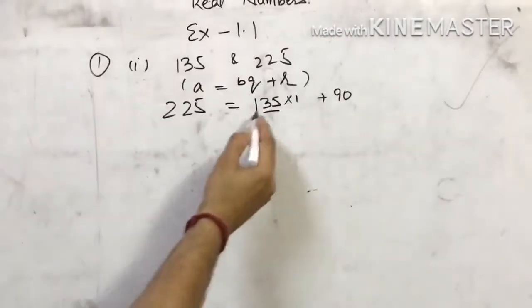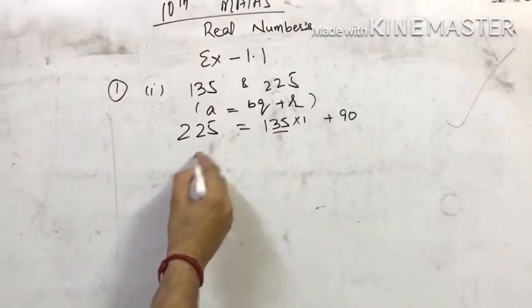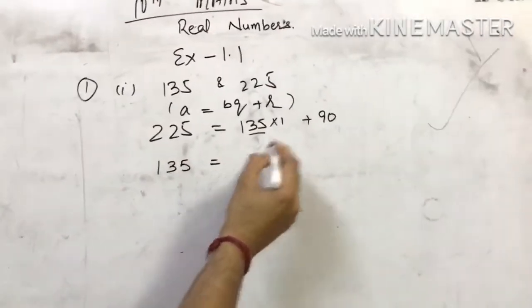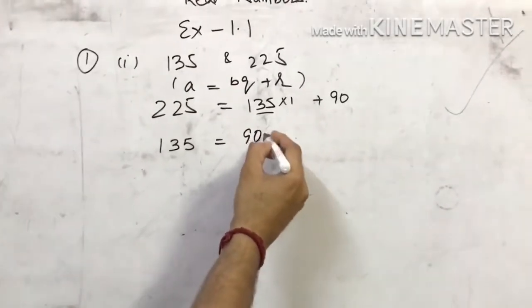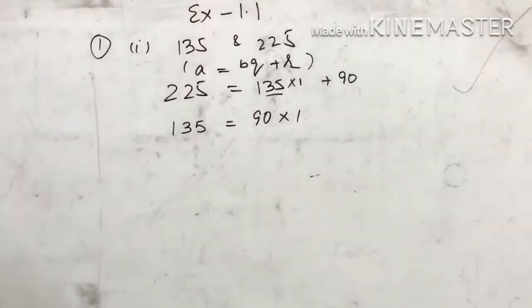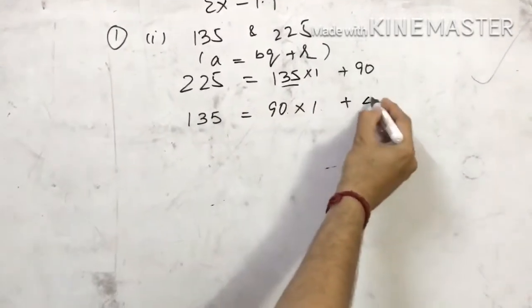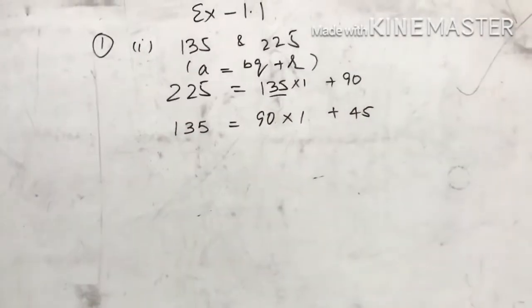Now this divisor here becomes a, it will come here, and the remainder will become the divisor. Similarly, it can only be multiplied by 1. So when you subtract 135 from 225, you get 90. Write it down here.